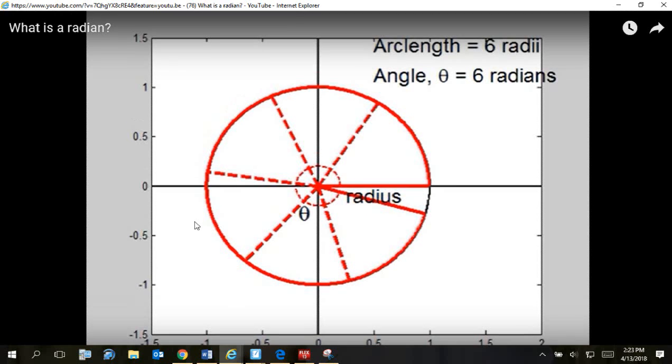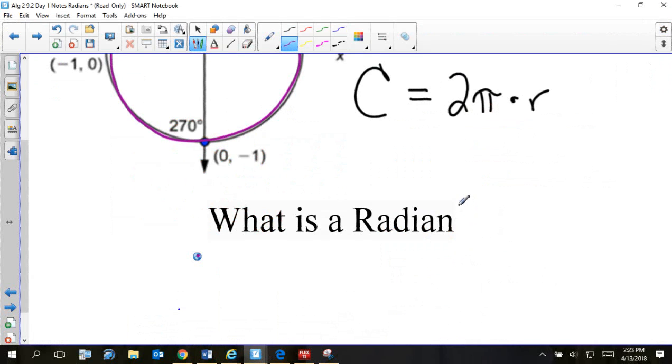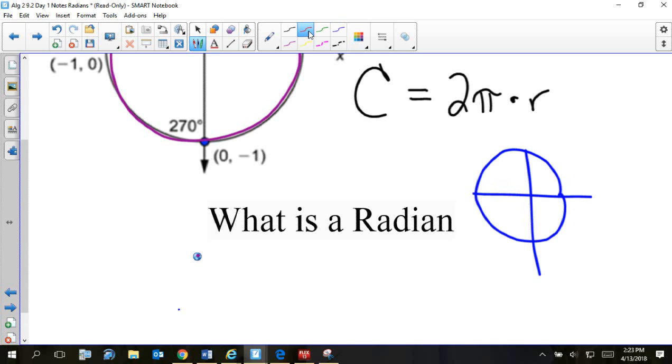So the circumference all the way around is 2 pi r, or 2 pi radii. So all the way around would be 2 pi measured in radians. The angle would be, starting at terminal side, going all the way around, 2 pi radians.